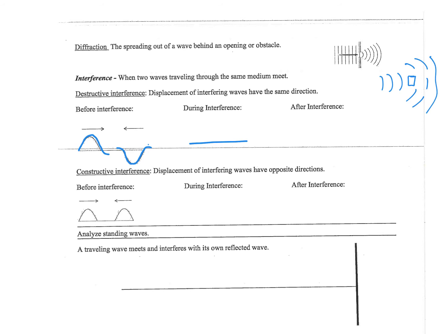Immediately, as they're meeting each other, you've got one that's going up and the other that's going down, aren't you? So what's going to happen with those? Everything up top is going to cancel with everything out. Okay? So they're going to kill each other out at just that exact, now, only at that particular moment in time. Every other time you'll have some up, some down, and it'll go. Okay? So now, after interference, they just keep on going.